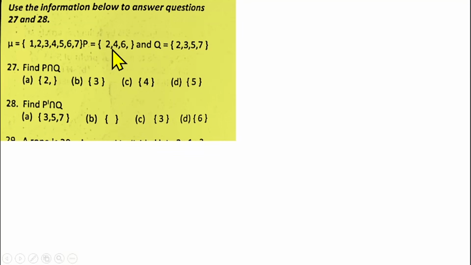You have to use this information here to answer question number 27 and question number 28. You are given the universal set, which has elements 1 to 7, and sets P and Q as shown.